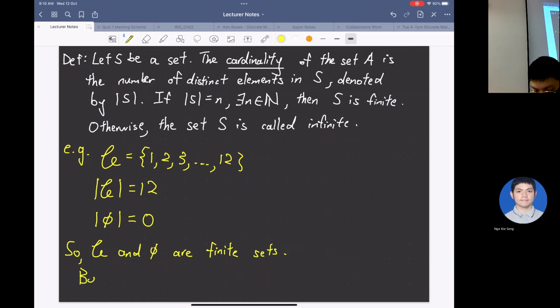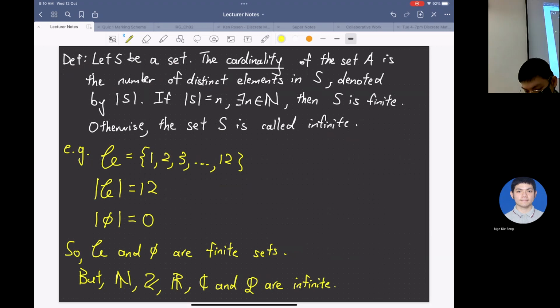But for example, N, Z, Q, R, and C are infinite sets.